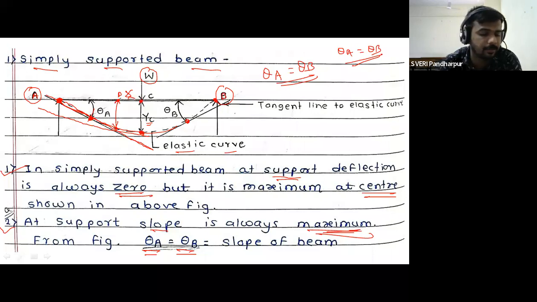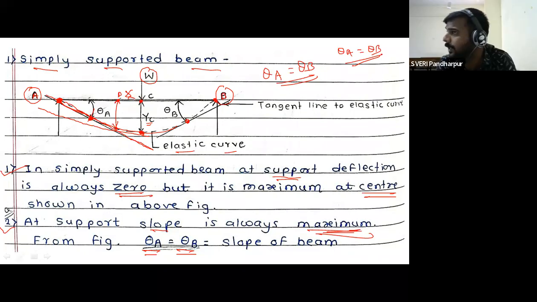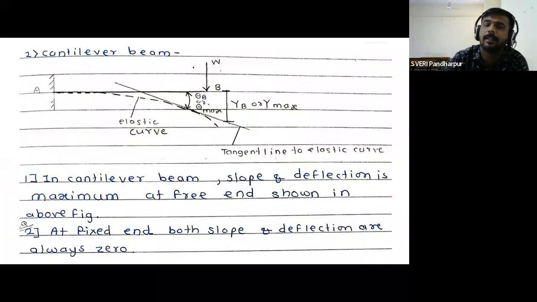Okay, finish. Yes, sir. So this is for the simply supported beam where slope and deflections both are maximum and where they are 0. And now then cantilever beam.